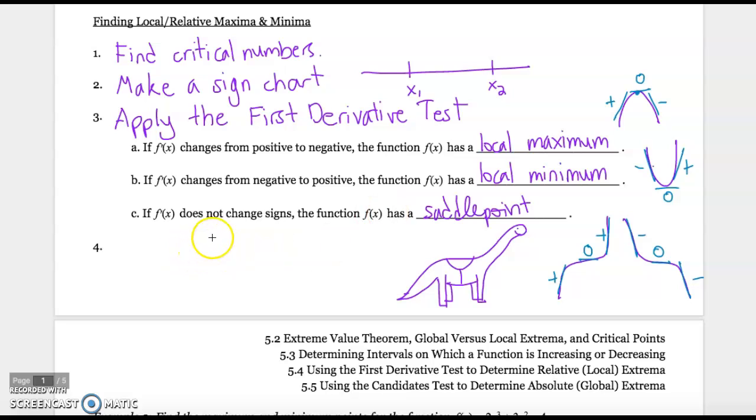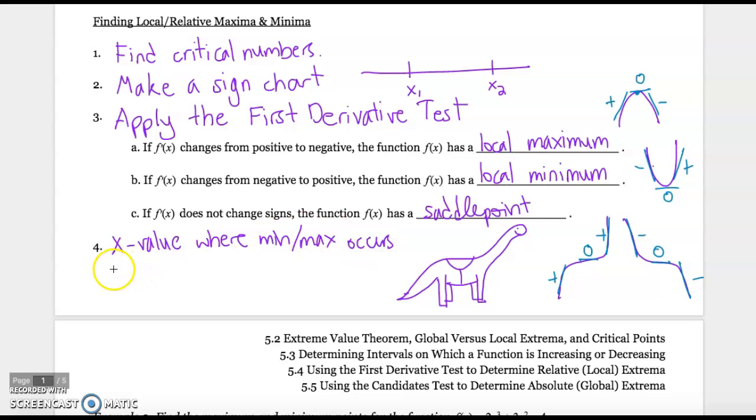And then the last part you have to do is, if you found these values, where it changed, it was either a maximum or minimum or saddle point, the x coordinate or x value is where the min or max occurs.